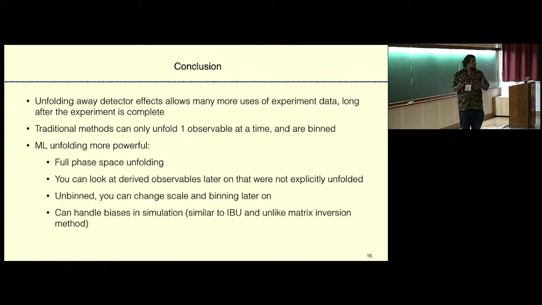We saw an example where we had to transform something from linear to log scale, and it was only possible with ML. It can also handle biases in your generation and simulation itself, and as we discussed, also nuisance parameters.